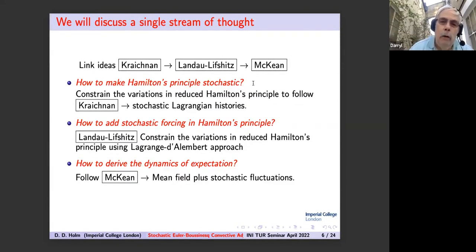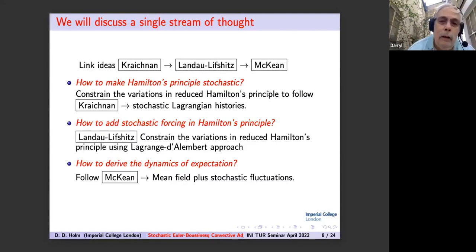We'll constrain the variations in the reduced Hamilton's principle so that the Lagrangian paths or the Lagrangian histories are stochastic, and stochastic in the Stratonovich sense. The reason we want Stratonovich is because Stratonovich has a product rule and a chain rule. And so you can take variations in this, just using ordinary calculus in Hamilton's principle if you have Stratonovich stochasticity.